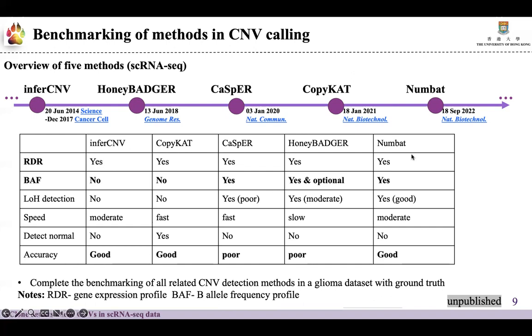Numbat is good and can detect loss of heterozygosity, copy gain and copy loss, and its accuracy is good, but Numbat can fail in some specific situations.